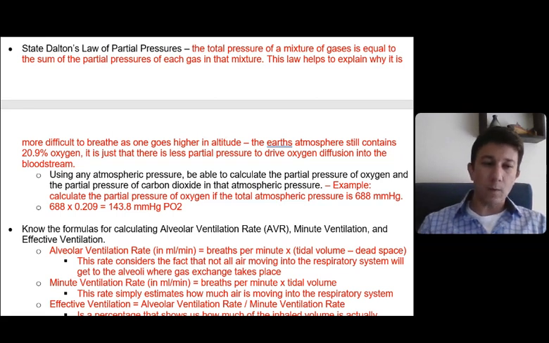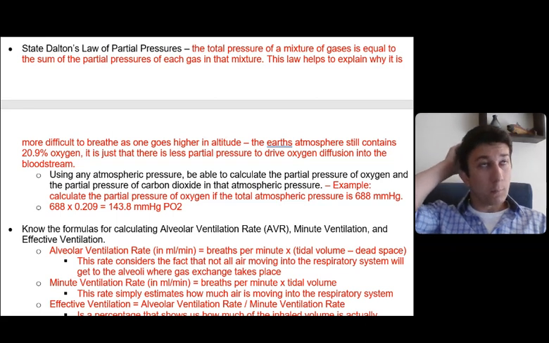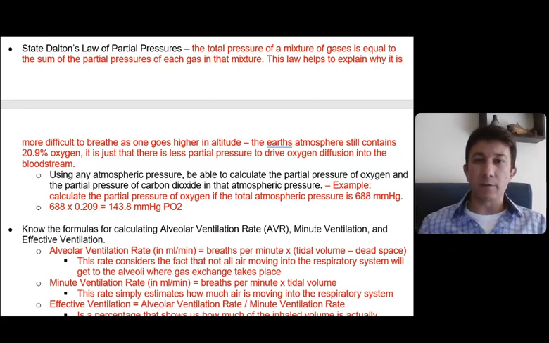Regardless of how that oxygen got into the alveoli, there has to be a pressure behind it, pushing it to diffuse from the air in the alveoli into the bloodstream. That's really why Dalton's law is so important, because it highlights the fact that the pressure behind that oxygen is really important in getting it to diffuse into the bloodstream of the capillaries that surround the alveoli.